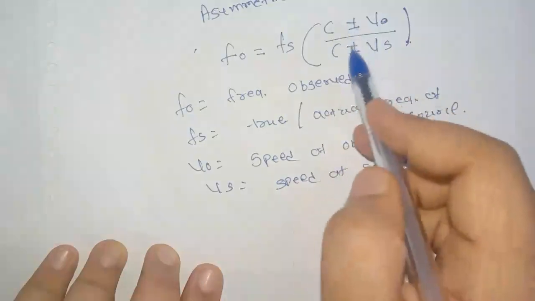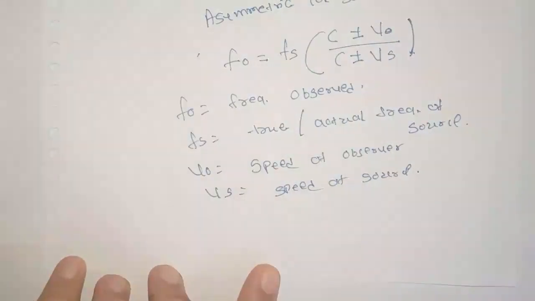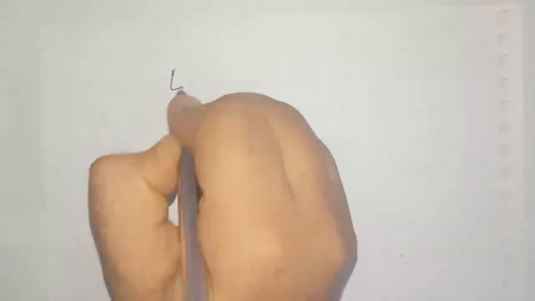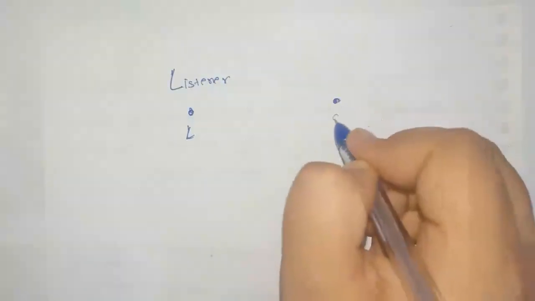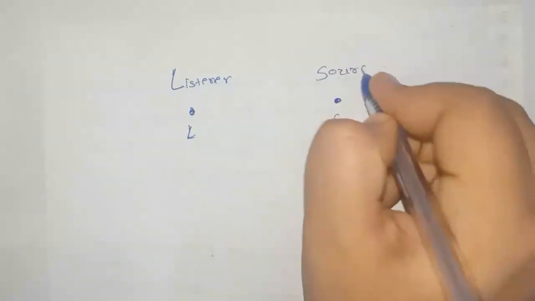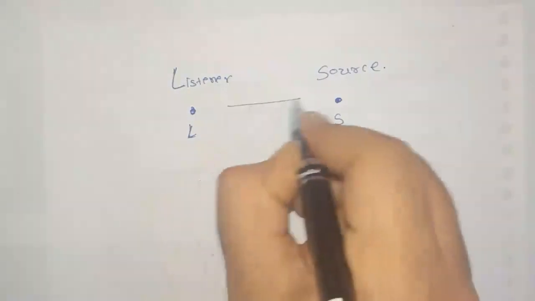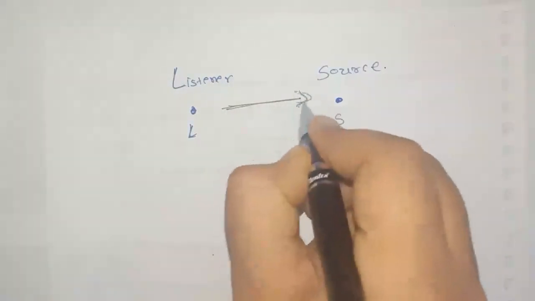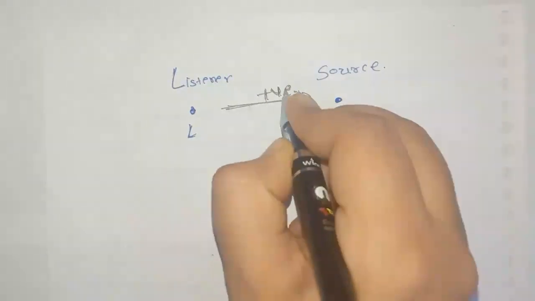Now let us understand this sign convention, when the speed is taken positive and when the speed is taken negative. For the sign convention, let's say this is listener L and this is source S. The L to S direction, listener to source direction, is always taken positive.